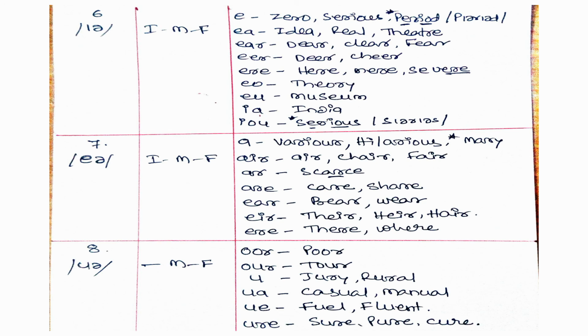OUR, TOUR, tour. With U, JEWELRY, jewelry. With UA, CASUAL, that is casual. UE, FUEL, fuel. URE, SURE, sure, not sure. Okay.